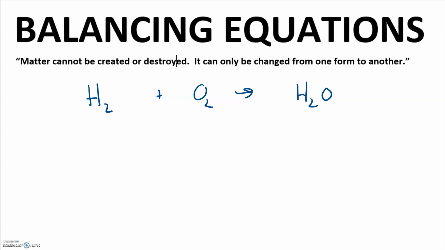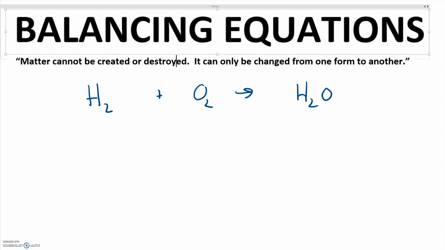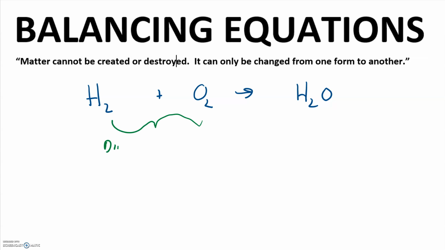And before we go much further with this, let's take a look at these two guys right here, because they are what we call diatomic gases. And any elemental gas exists like this, exists diatomically.